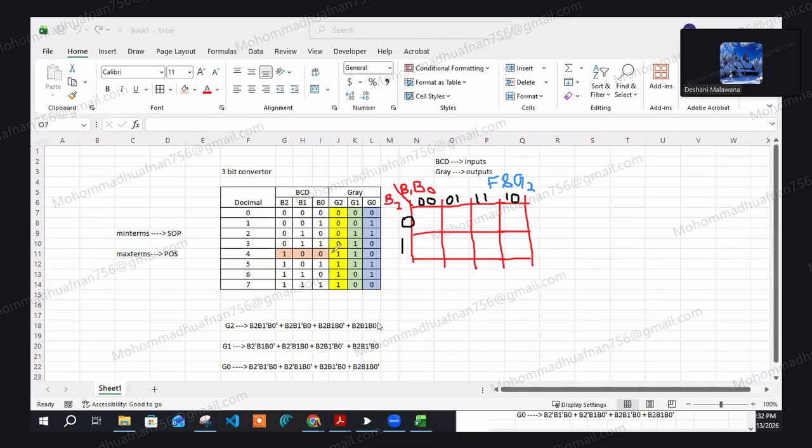Okay, so we are considering these four. If we are putting 0, 1, 3, 2, then after that 4, 5, 7, 6. You can remember that one, right?